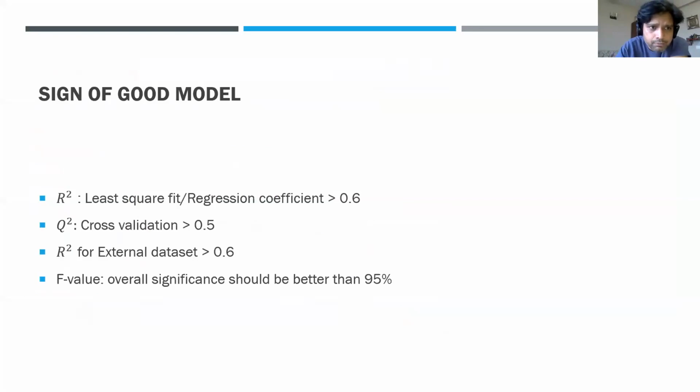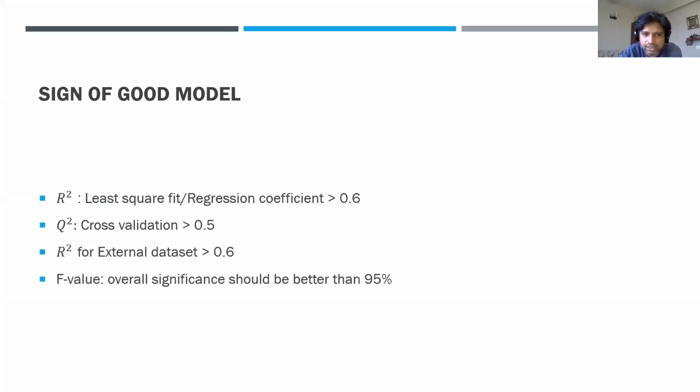Okay. Then how do you evaluate your model? There are certain metrics that people use, like least square fit or regression coefficient. People say that if it is greater than 0.6, or something called cross validation, we will calculate these parameters on our own once we make our own model, and see whether my model is good or not based on these cutoff values.